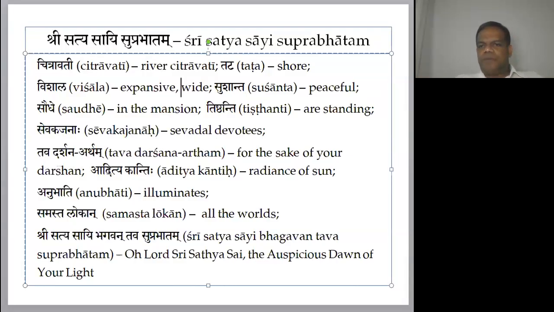Tava Darshanartham. Tava means your. It's the sixth case form of the word tvam. So tava is your. Darshana, vision, or darshan. Artha means for that sake, for the purpose of having your darshan. These seva janas are waiting.